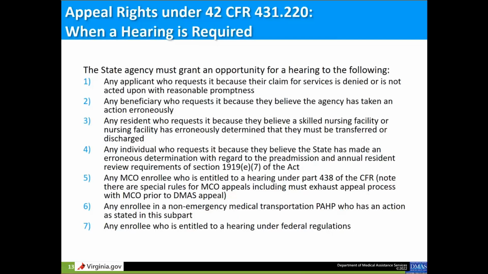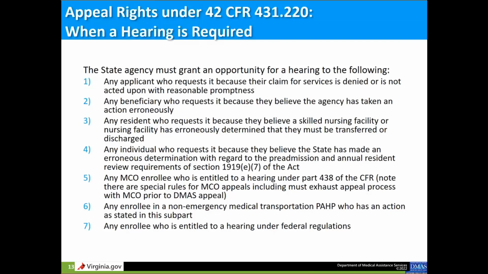Please also note that DMAS has the authority to hear appeals over nursing facility discharges or transfers, even when the appellant is not a Medicaid member. DMAS may order that the appellant remain in the facility during the course of the appeals process. We also hear screening appeals for long-term care eligibility and MCO determinations once an appellant has exhausted an MCO's internal appeals processes.